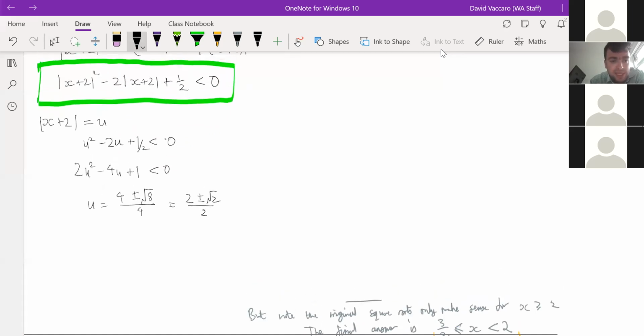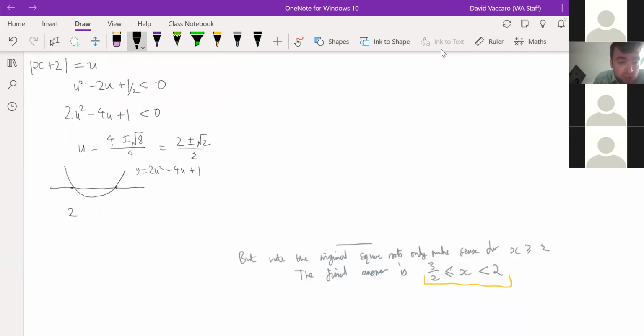And because it's a positive quadratic, so this is y equals 2u squared minus 4u plus 1, we have that 2 take away root 2 over 2 is less than u is less than 2 plus root 2 over 2.